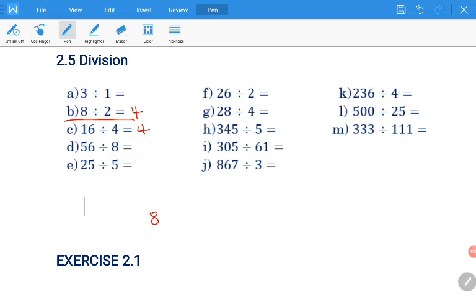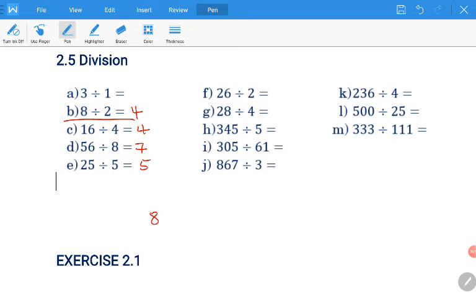So 56 divided by 8 is 7. So the division, it's more easy to solve if you first master multiplication. From our multiplication table, we know that 5 gets into 25 5 times. So here 5 is the answer.